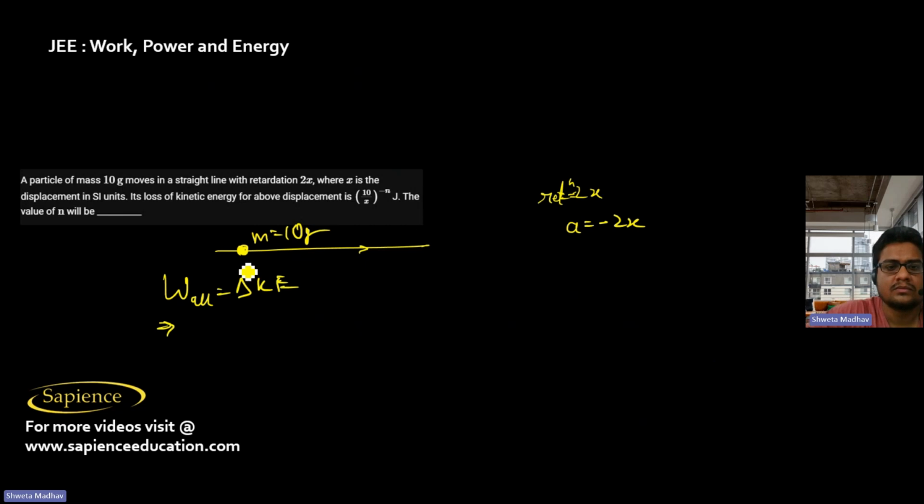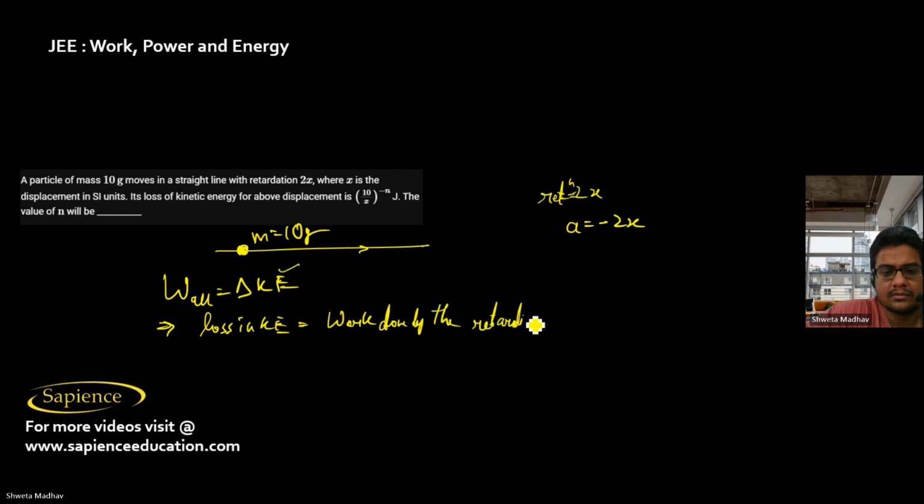Now retardation is there, so obviously there will be a loss in kinetic energy, that is equal to the work done by the retarding force. Work done by the retarding force, retardation is 2x.